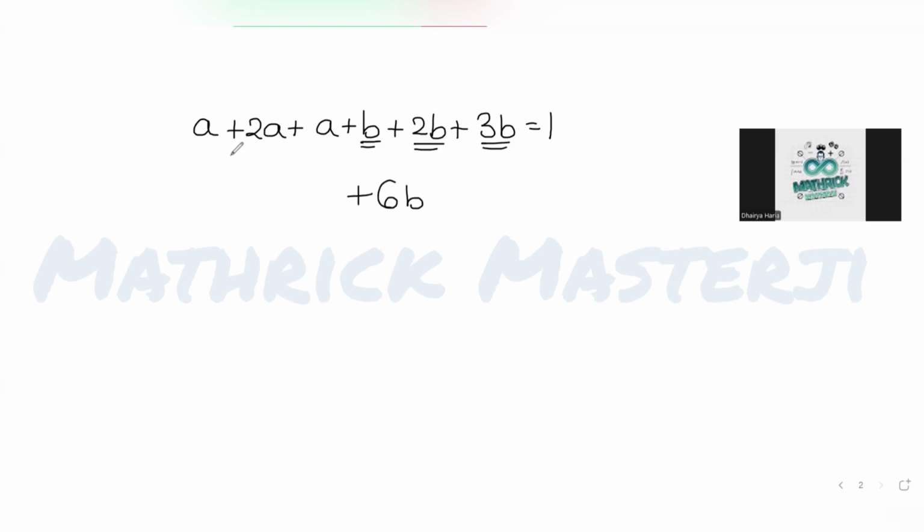So if I add all the probabilities, I get A plus 2A plus A plus B plus 2B plus 3B equals 1. 3B plus 2B is 5B plus B, which is 6B, and A plus 2A plus A is 4A. So 4A plus 6B equals 1. That's one equation in terms of A and B.